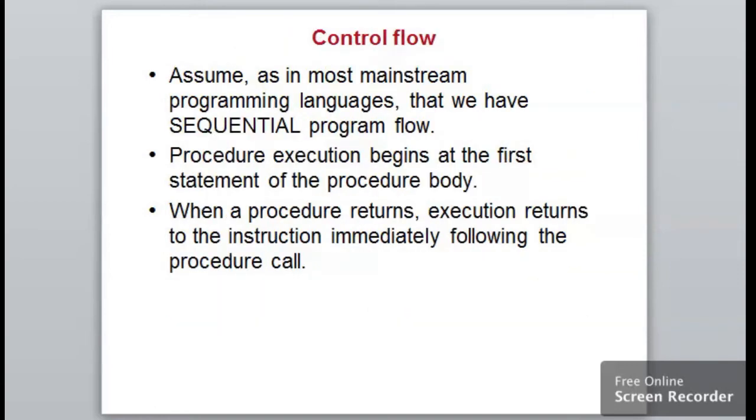Control flow. Assume, as in most mainstream programming languages, that we have a sequential program flow. Procedure execution begins at the first statement of the procedure body. When a procedure returns, execution returns to the instruction immediately following the procedure call.